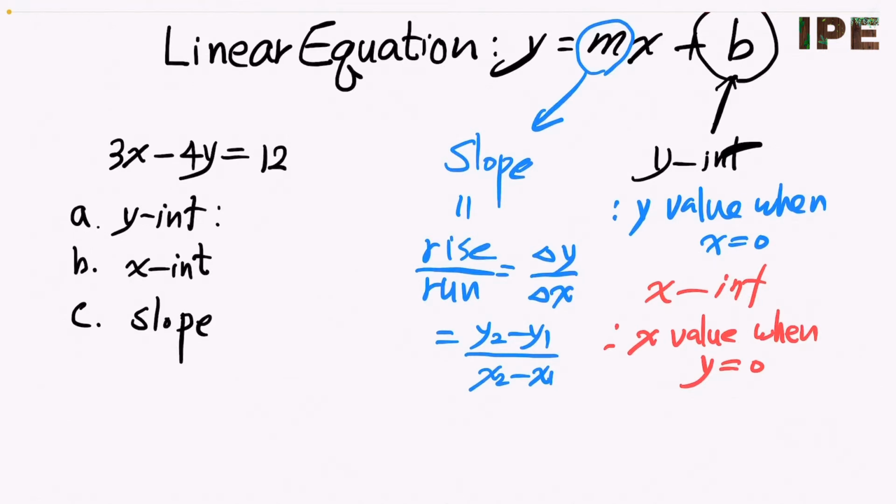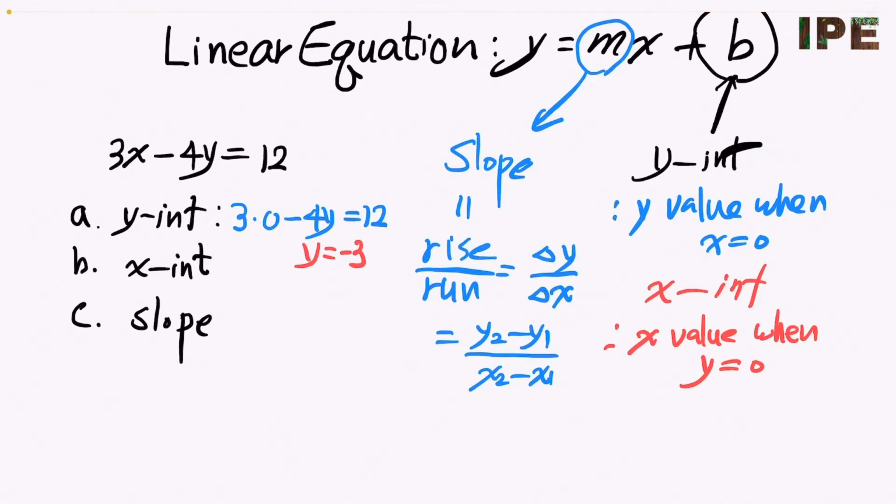So plug in 0 for x. That will be 3 times 0 minus 4y equals 12. From this equation, if you find the y value, y equals negative 3. This is the y-intercept. So negative 3 on the y-axis, and the graph should pass through that point, 0, negative 3.